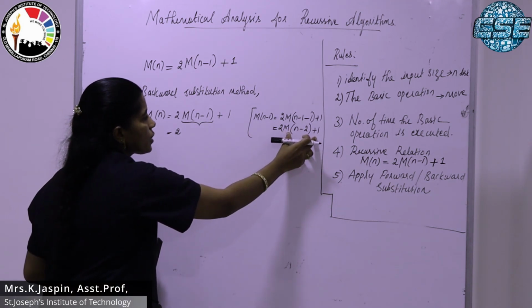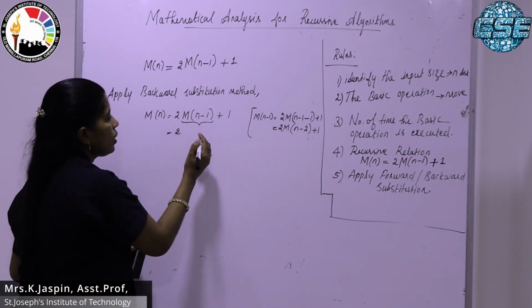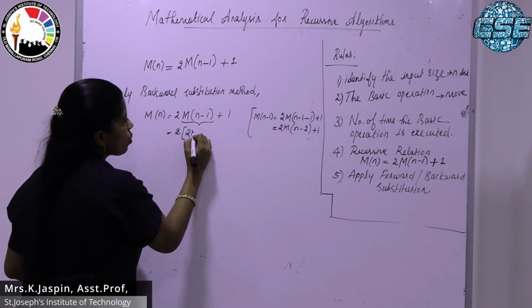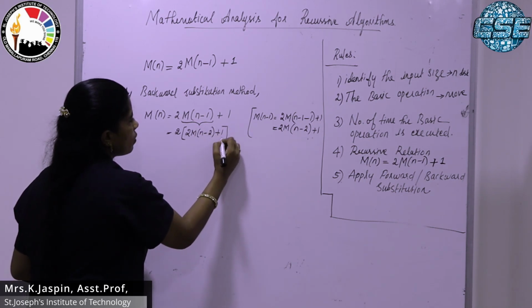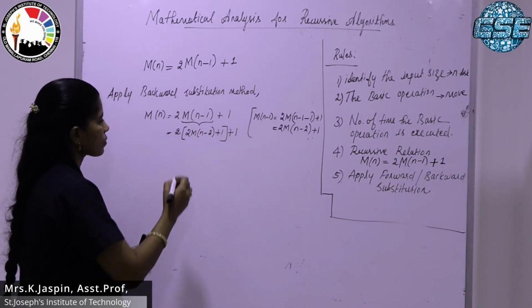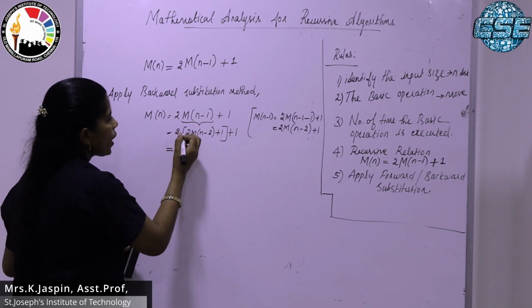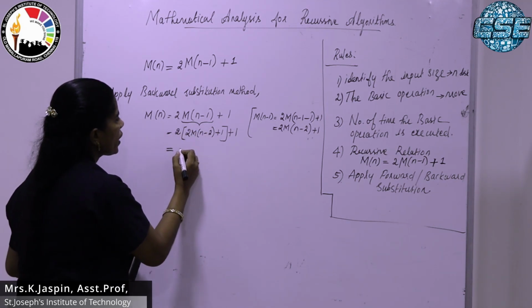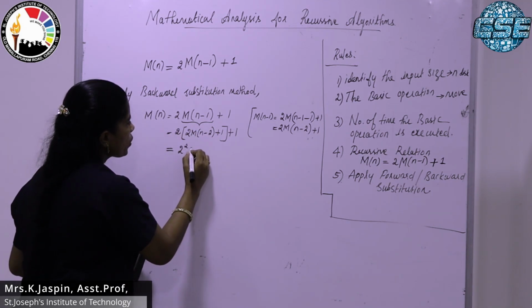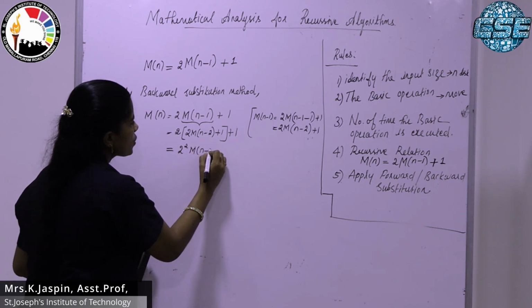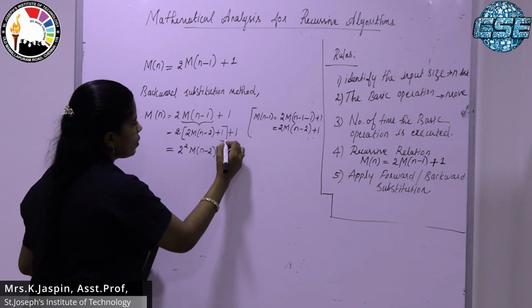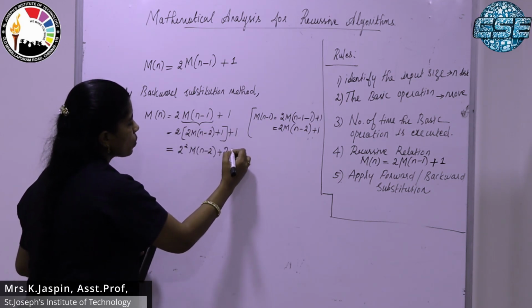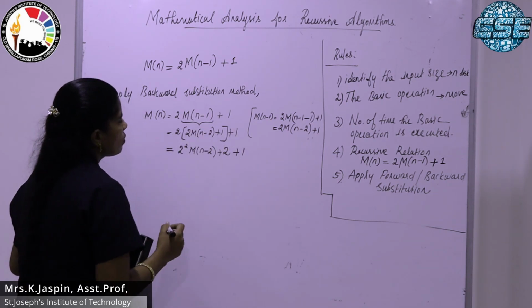I can substitute this in this equation. So here you will be getting 2 times 2 M of n minus 2 plus 1, plus 1. While I am multiplying this 2 into the inner term, we will be getting 2 to the power 2 M of n minus 2, then 2 to the power 0 is 2 into 1, 2, plus 1.